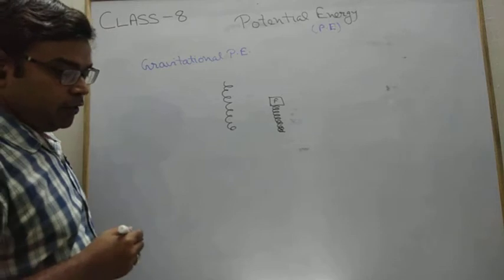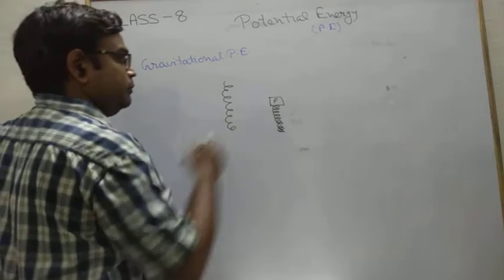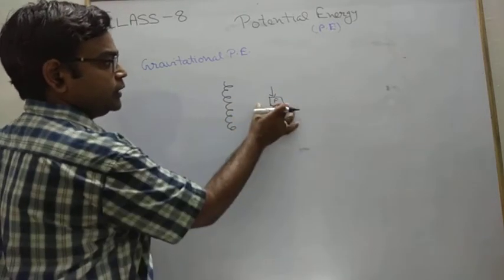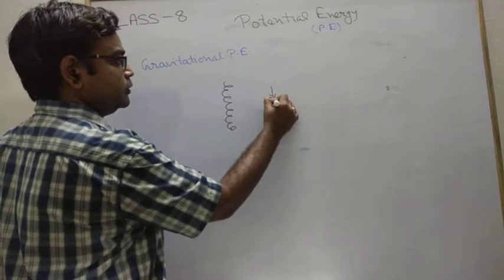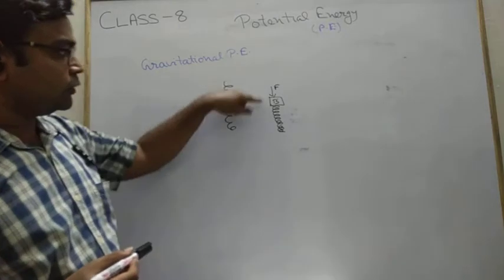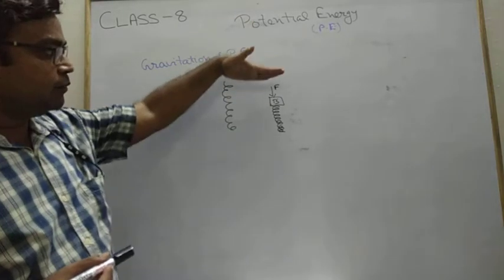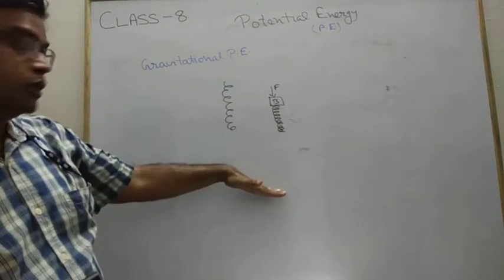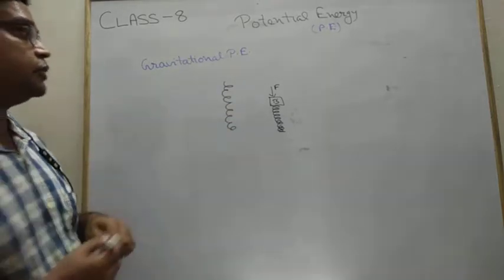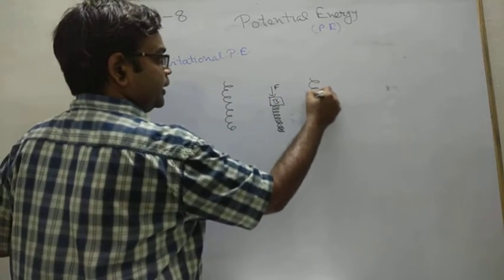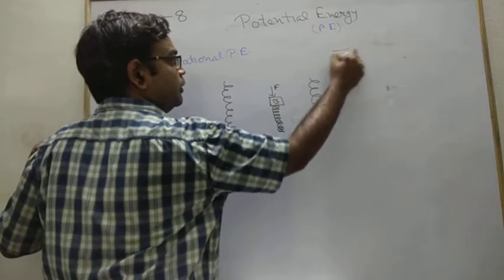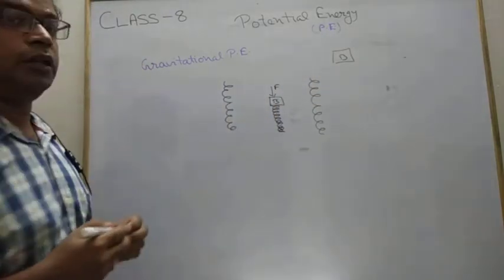If we push it and apply force to try to compress it, we apply some force on the block from upward towards downward. What happens? The spring is compressed from this part to this part. As soon as we release this force, what happens? The spring regains its original or initial state and throws the block away from the spring with a large force.